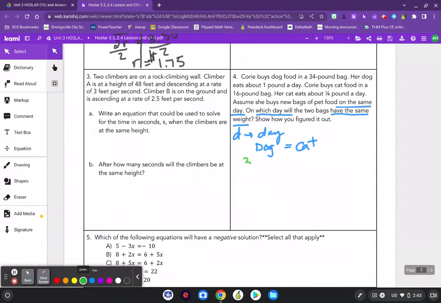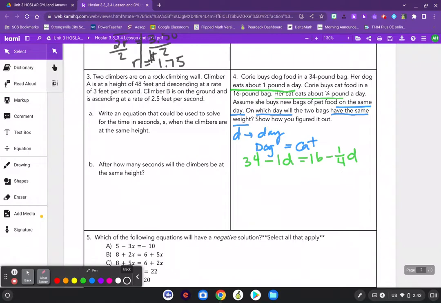And this helps me think about the scenario that I have to set up. So the dog food is a 34-pound bag, but the dog is eating a pound a day. So I'm actually going to subtract 1 pound each day because the dog is eating it, equals, well, the cat has a 16-pound bag to start with, but the cat is eating 1/4 pound each day. So I'm going to say minus 1/4 per day. You could also say 0.25 instead of 1/4.